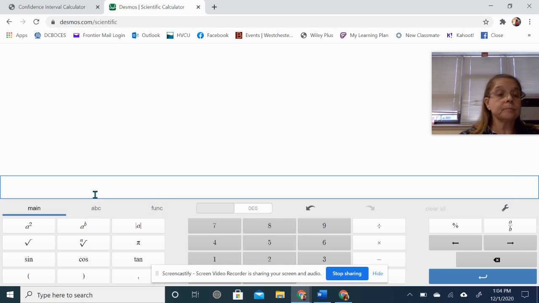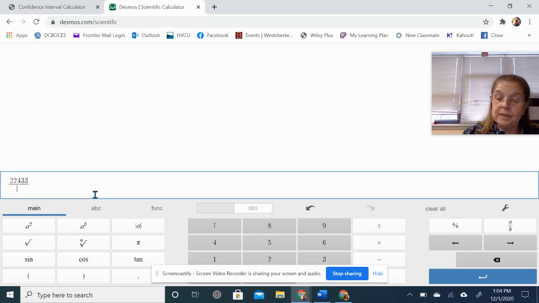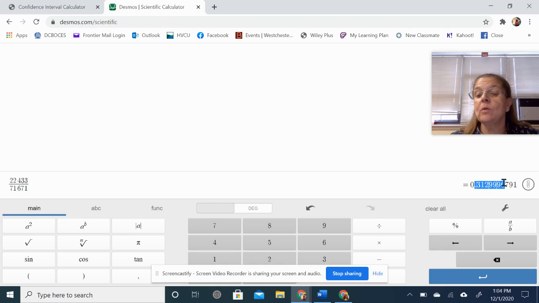So it's 22,433 speeding tickets divided by 71,671 traffic violations. And notice how it goes out all of these spaces. We get all of this. So I'm going to round it to 0.313 because if I try to go outside of that, it's not going to work. So I'm going to go back here.